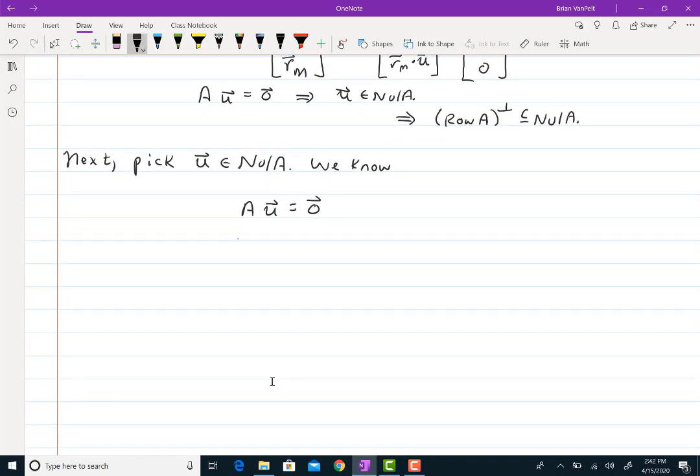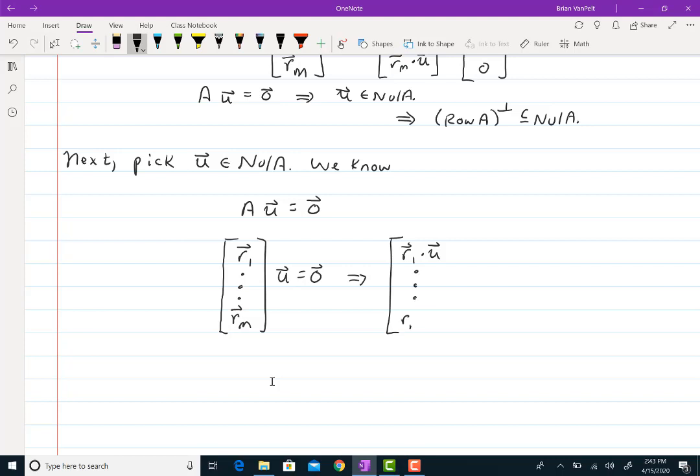And so if I break that A up into rows like I did previously, row 1 up to row M, and I'll do exactly like I did before, I'll have R1 dot U all the way down to RM dot U. That's an M down there.